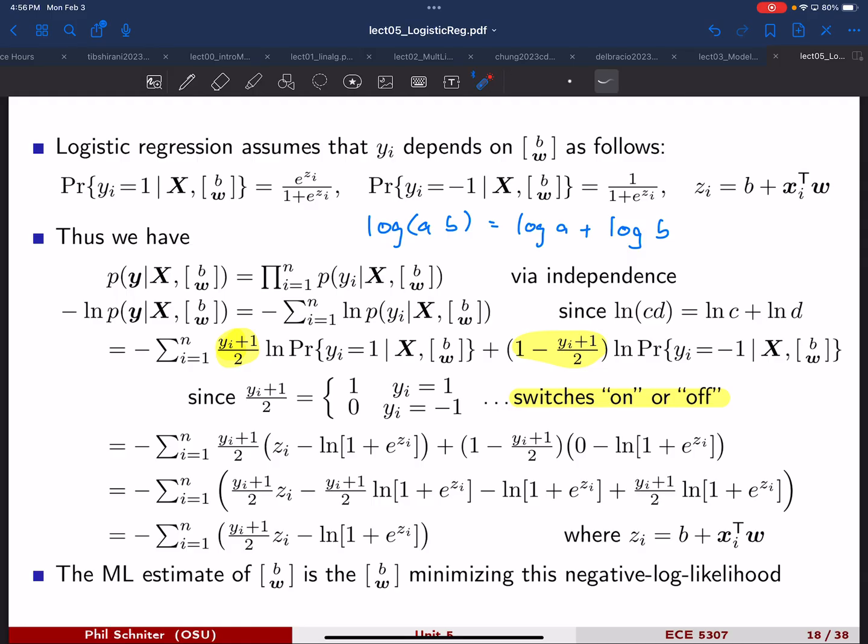It allows you to go from this sort of generic expression, the probability PMF for an arbitrary yi, 1 or minus 1, to these different expressions, the probability yi equals 1 or the probability yi equals minus 1. The rest of the stuff, we'll go through it, but it's pretty straightforward algebra. But this is really the main idea on this slide.